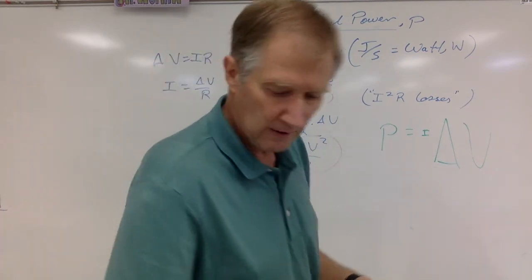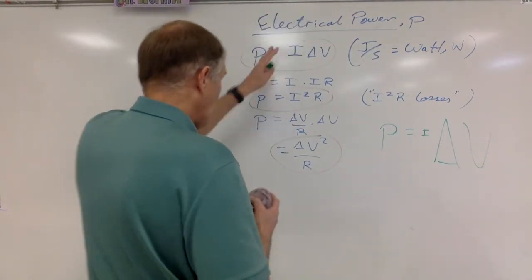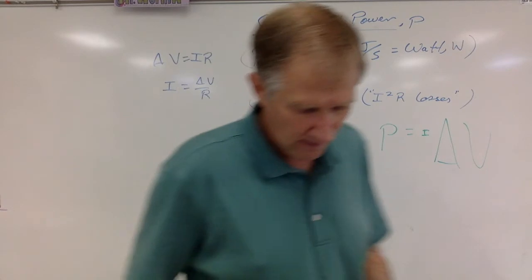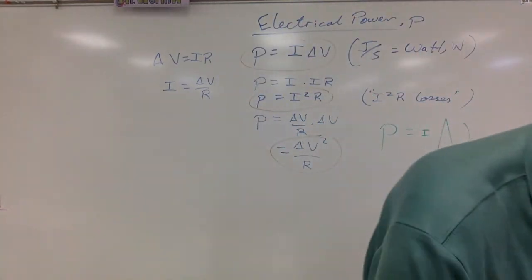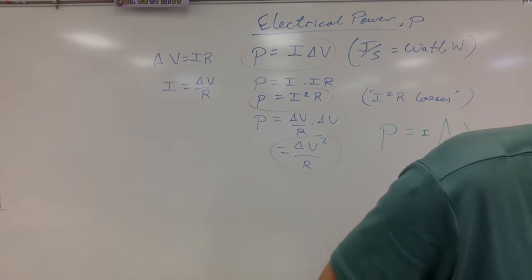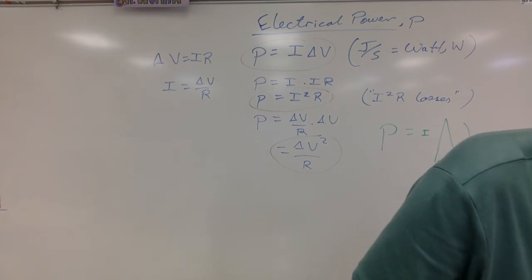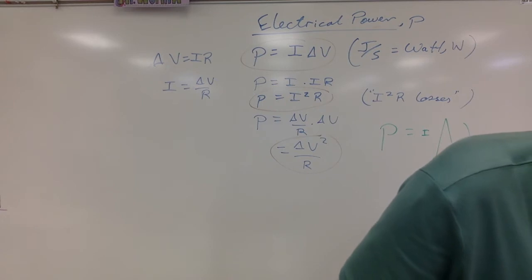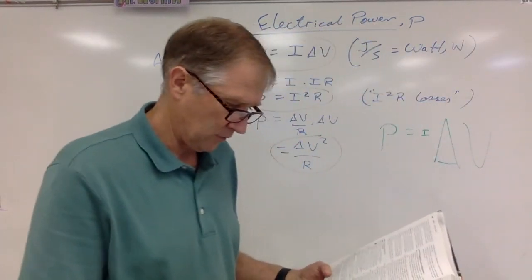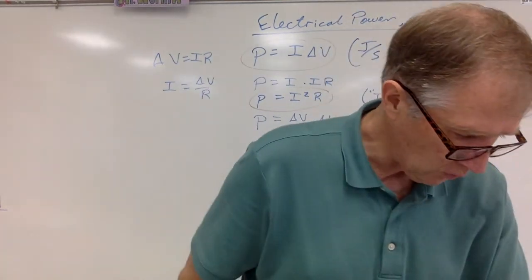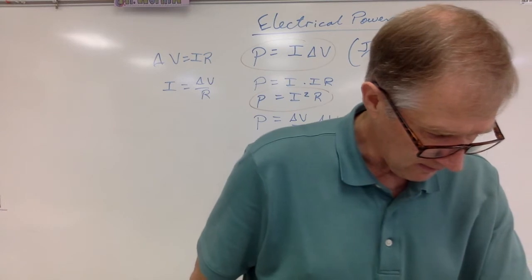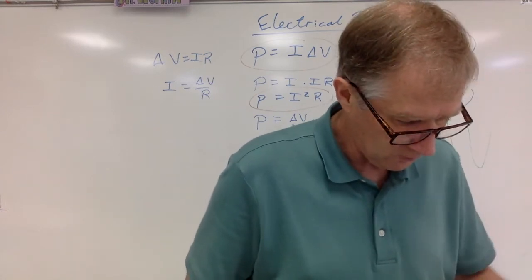Last thing I want to say here, you've got some homework that deals with this. One question, by the way, on page 588, question 34, says a high voltage transmission line with a resistance of 0.31 ohms per kilometer carries it through these transmission lines for 160 kilometers.